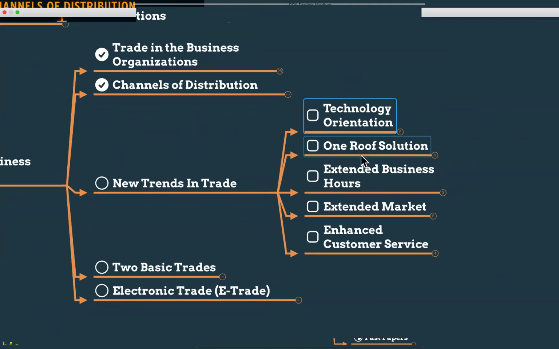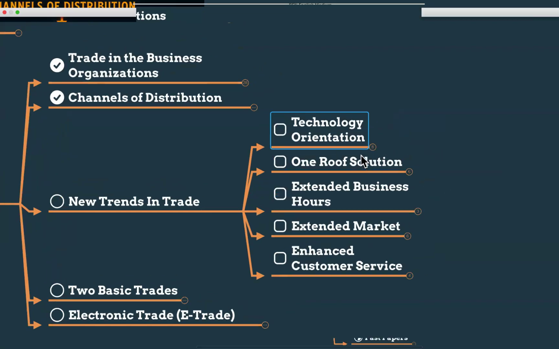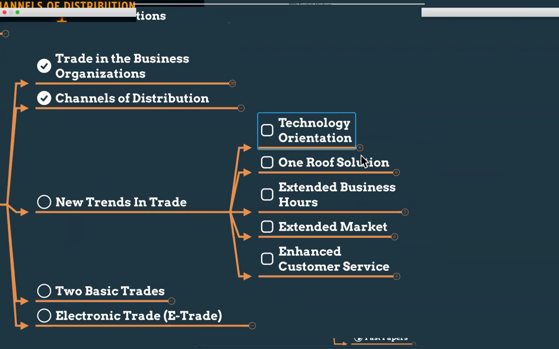Right? So these are the new trends as per your syllabus. We are going to see this as a trend. So trend means what? Like modern change happening in how business is conducted. Like how smartphones changed everything, right? So the trend is also evolving.